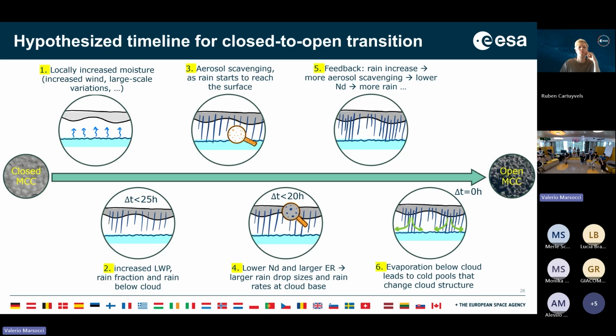And when we have two of these cold pools, or actually usually three, interacting, then you can imagine that it pushes air up again. And this is then a change in the whole dynamics of the clouds, which can lead to this open cell structure.